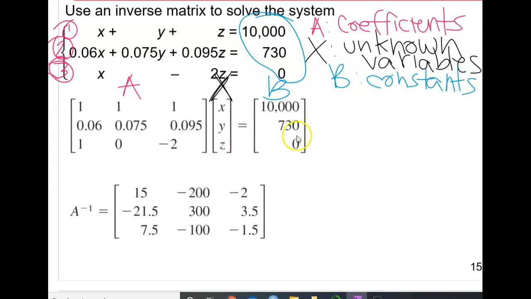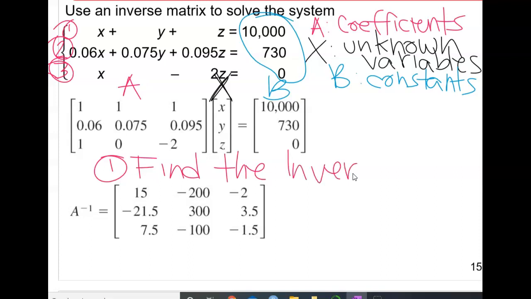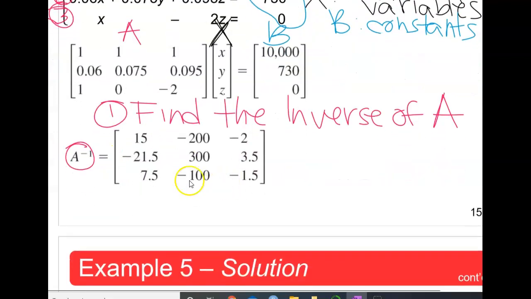And so what we want to do is first find the inverse, which is listed here. That's the first step. And then once you have that, the way you want to solve the problem is by multiplying that A inverse times the constant matrix.